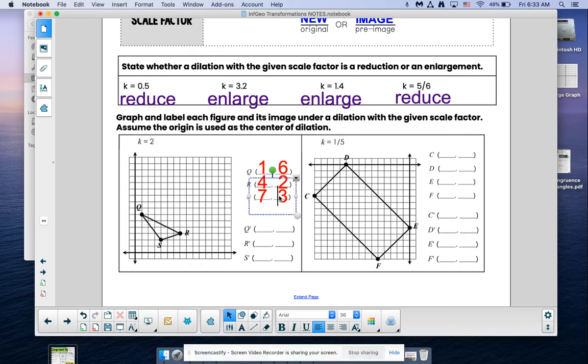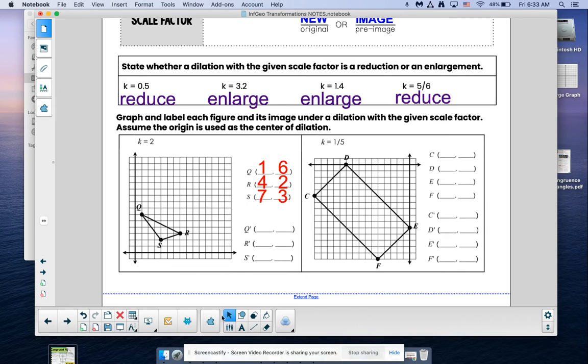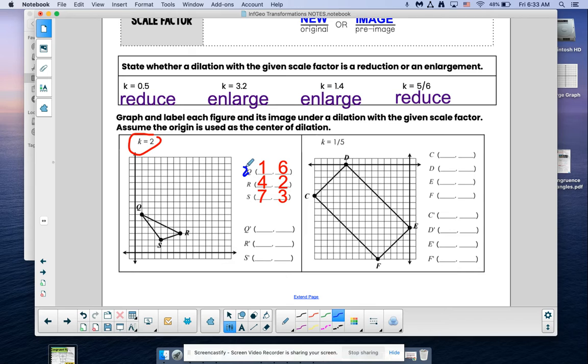So now all we have to do is multiply our ordered pairs by our scale factor of 2. You could put 2 out front and multiply: 2 times 1 is 2, 2 times 6 is 12. 2 times 4 is 8, 2 times 2 is 4.